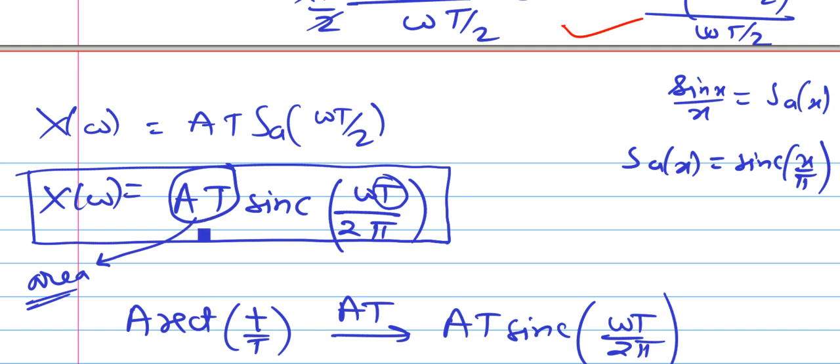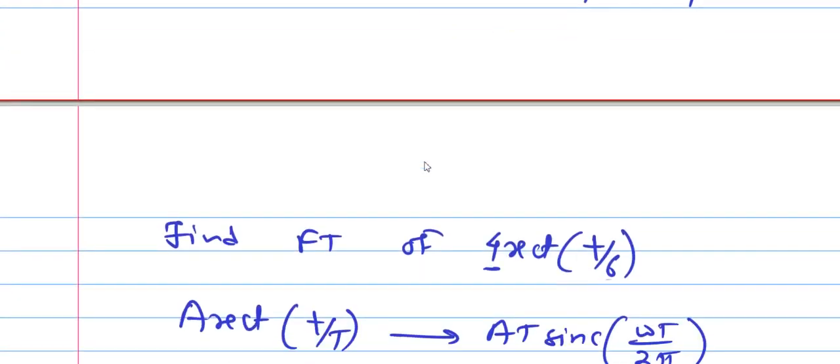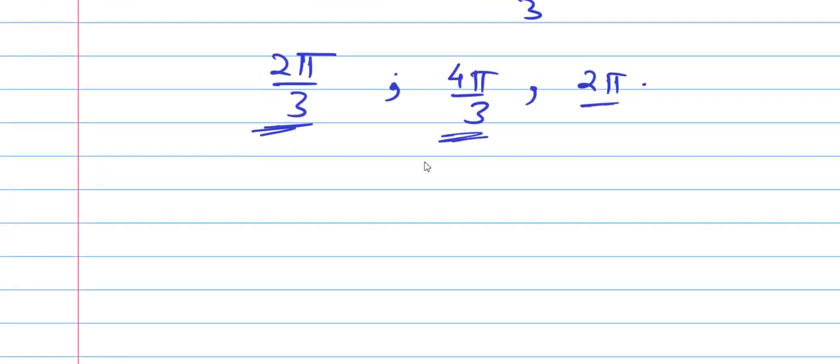So this is the area times sinc of omega by 2 pi into duration. So like this also you should remember this formula. So we have got some important points.